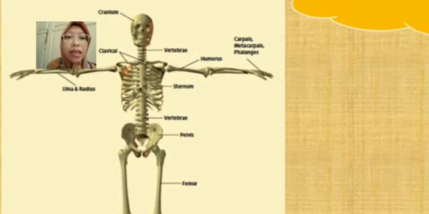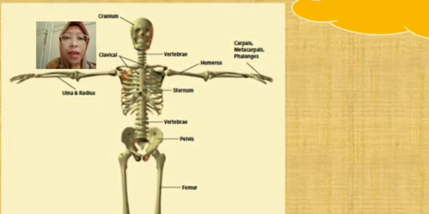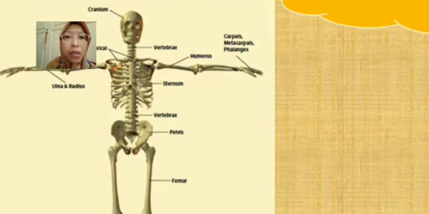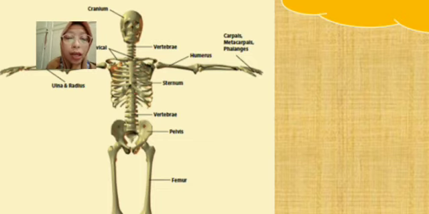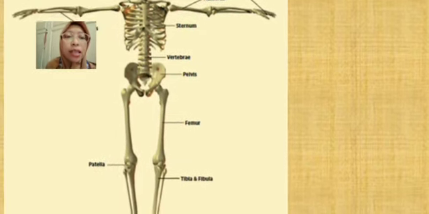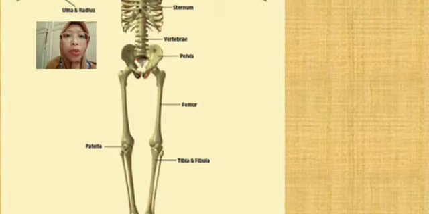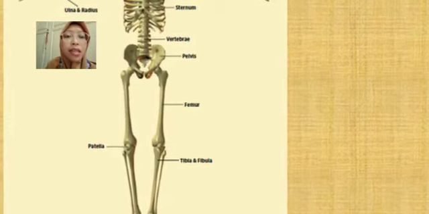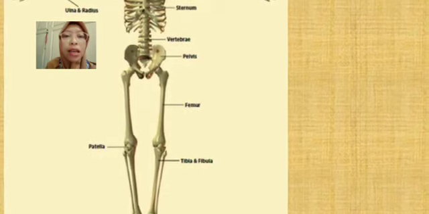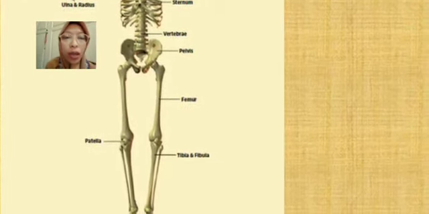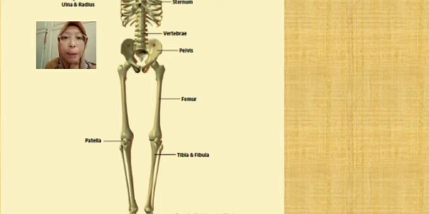And then this is the sternum, and in English we can say sternum and ribs, atau tulang rusuk. And this is the vertebra again, the backbone atau tulang belakang, and then this is the pelvis, in English the hip bone.